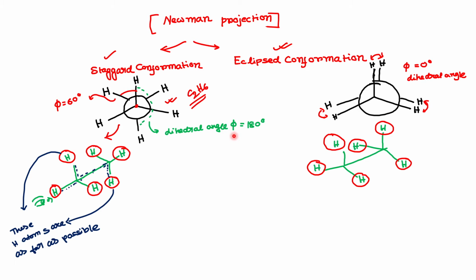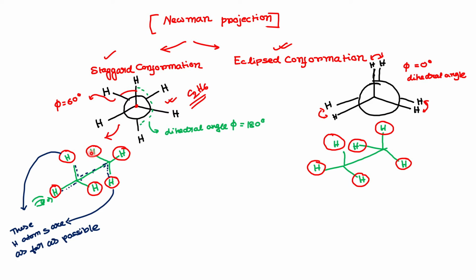As this dihedral angle increases, it suggests that the distance between these two hydrogen atoms is larger. So you can see that this hydrogen and this hydrogen atom are very far apart from each other. Similarly, these two hydrogen atoms are far from each other, and similarly this hydrogen and this hydrogen atom.